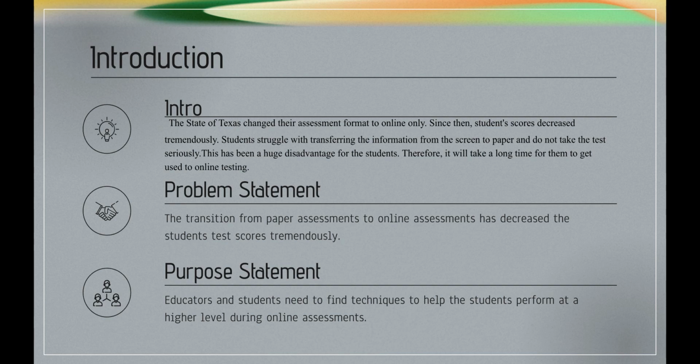So, back when COVID started, there was no STAAR test that was administered that year. The following year, the CDC regulations were very specific, and the state of Texas had to change their paper format to online assessment format.